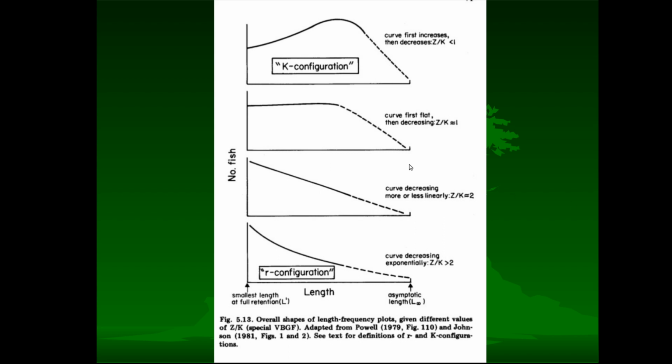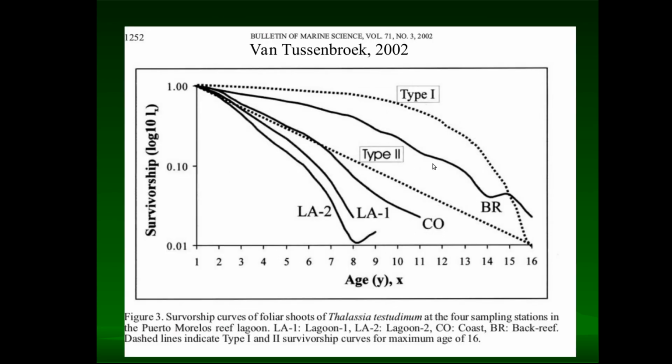So a nice example of survivorship curve analysis is Tussenbroek's 2002 paper on the seagrass Thalassia, in which it is shown that some populations tend to have more K-shaped curves, K-selected curves, like this type 1 curve here, a high survivorship until advancing age happens, and then you have a collapse.